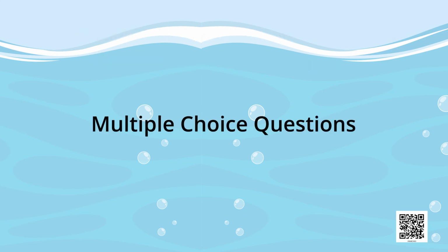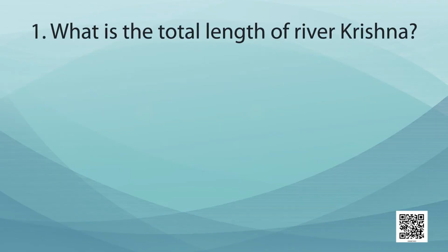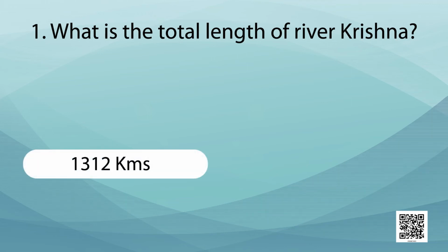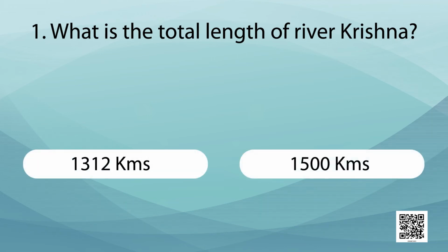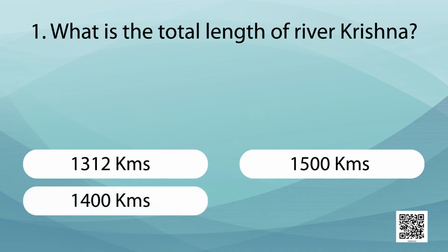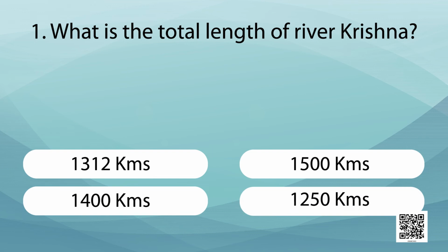Okay, so now you'll be having some questions and some options. You have to pick the correct option. My first question is, what is the total length of river Krishna? Is it 1312 kilometers, 1500 kilometers, 1400 kilometers, or 1250 kilometers?